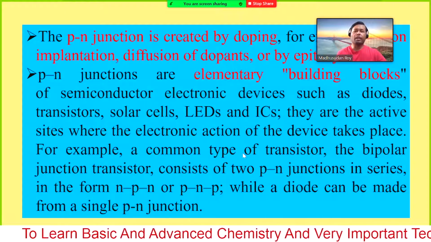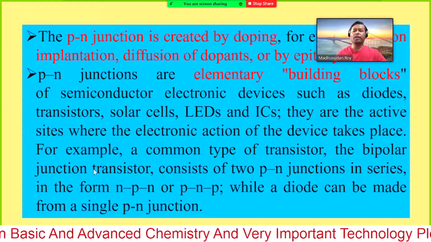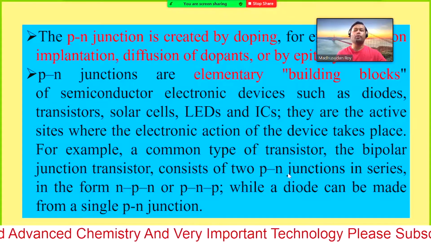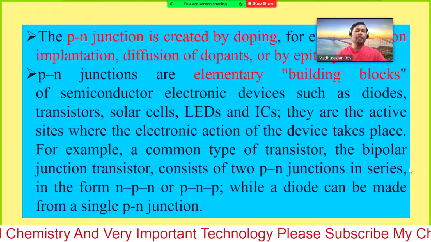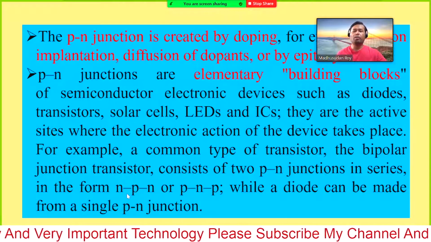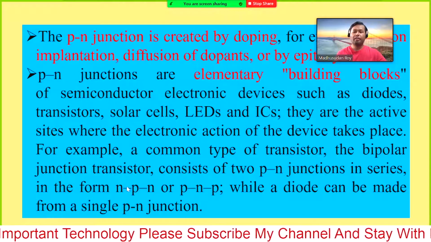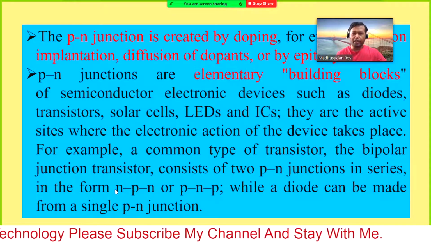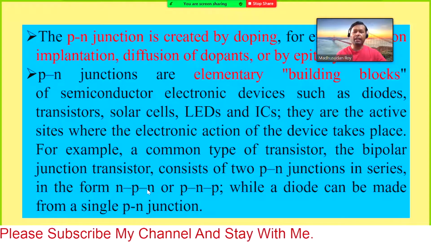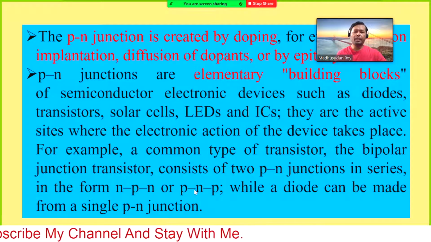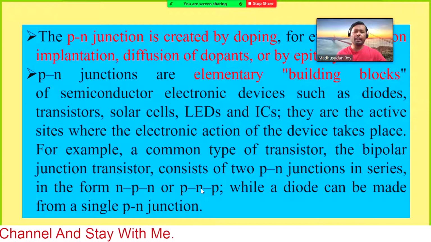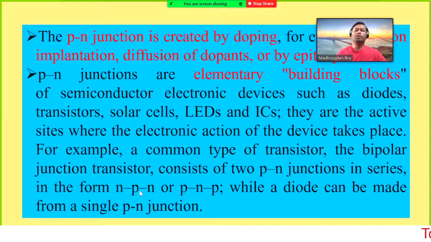For example, a common type of transistor, the bipolar junction transistor, consists of two PN junctions in series in the form of NPN. This is one junction, NP junction and PN junction, or PN junction and NP junction.